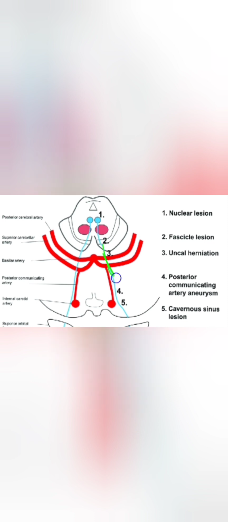So the two major arteries here are the posterior cerebral artery and the superior cerebellar artery. Okay. And this nerve travels parallel to the posterior communicating artery as you can see in this picture. So this course of the nerve is called as basilar part of the third nerve. And this part of the third nerve runs in the subarachnoid space.